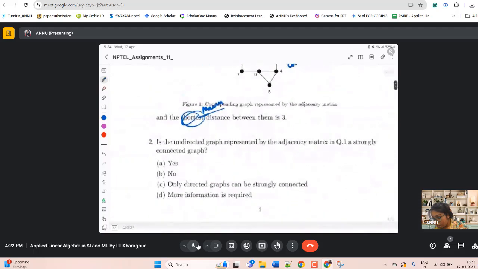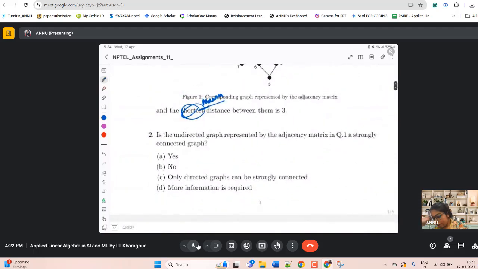Is the undirected graph represented by Q in question one strongly connected? Think about it.